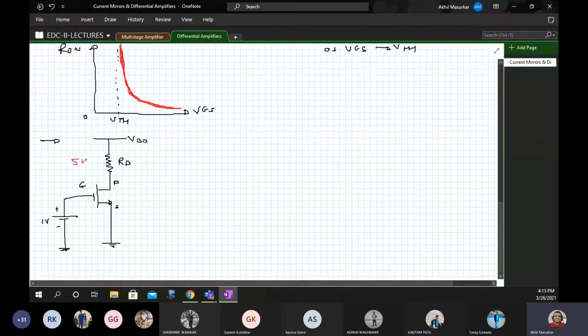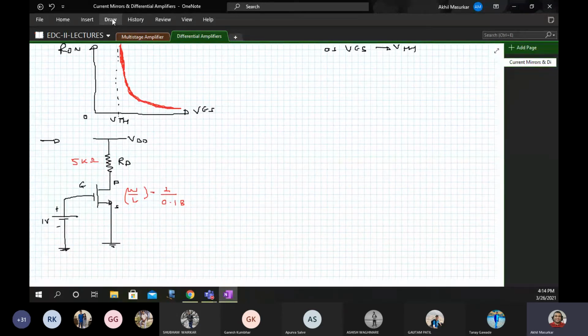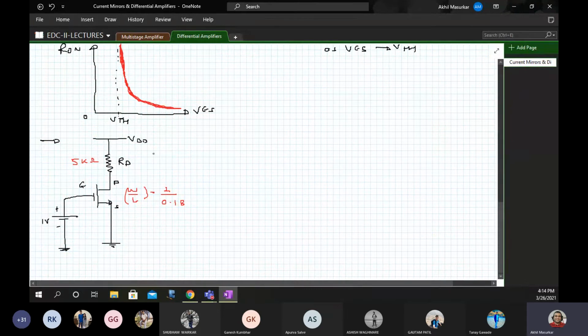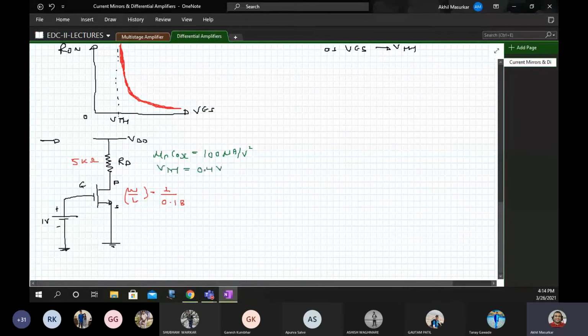So here we can say this is 5 kilo ohms. The W by L ratio of this transistor is 2 upon 0.18, and some small specs are also given, that is mu n COX is 100 microamperes per volt square, and the threshold voltage is 0.4 volts.